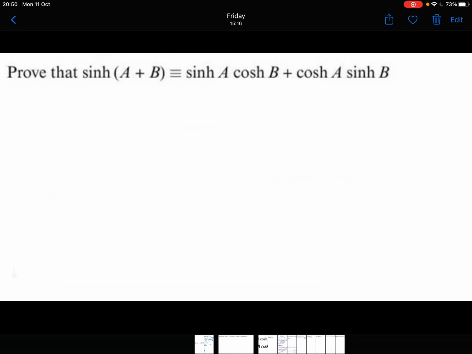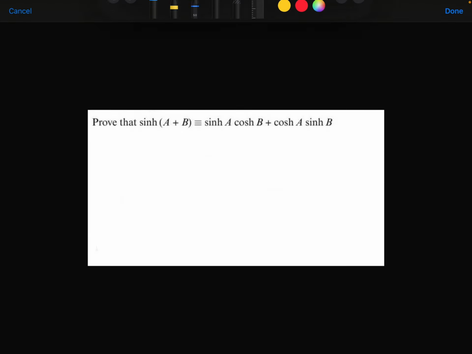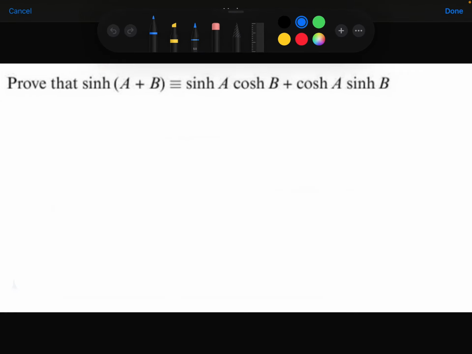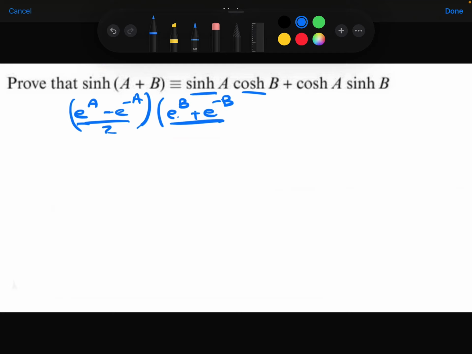Right, let's do a new proof. Let's prove that sinh of A plus B is equal to sinh A cosh B plus cosh A sinh B. That should look very familiar to you. Let's go through it. So sinh A, we can write that from its definition as e to the A minus e to the minus A over 2. Cosh B, we can write that as e to the B plus e to the minus B over 2.